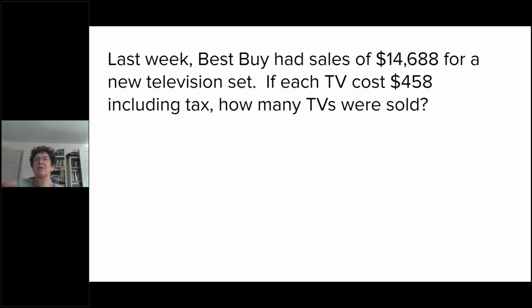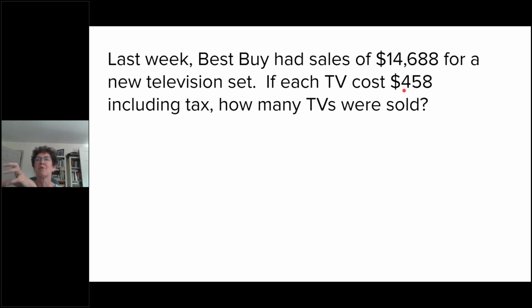So what do we know here? We know that here is a total amount. They had sales of 14,688. We know that the number of dollars spent for each TV was 458.